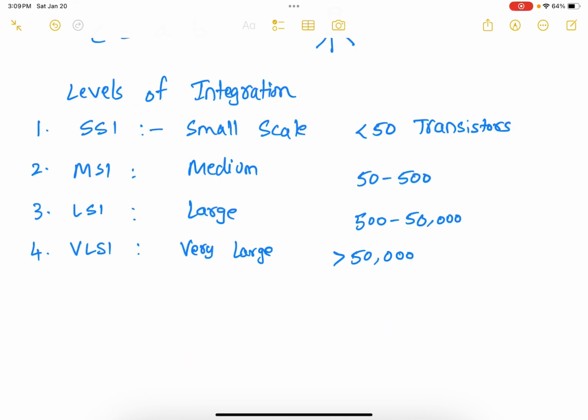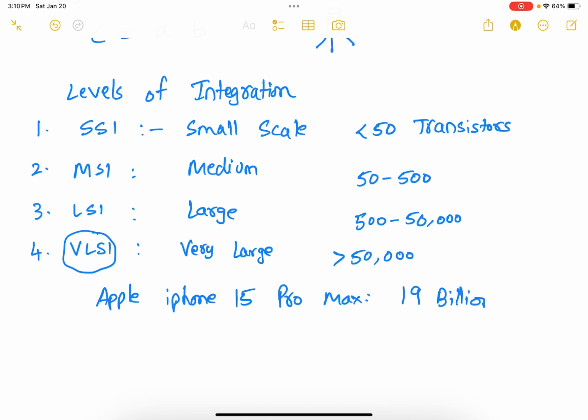Most modern technologies use VLSI. If you look at your Apple processor, or let's say the Apple iPhone 15 Pro Max, it has about 19 billion transistors on it. That is enabled by using VLSI technology.